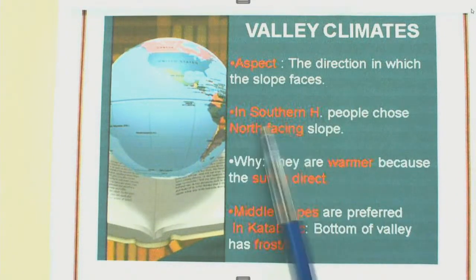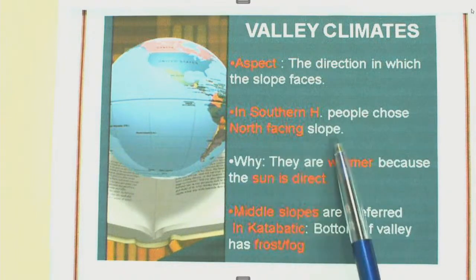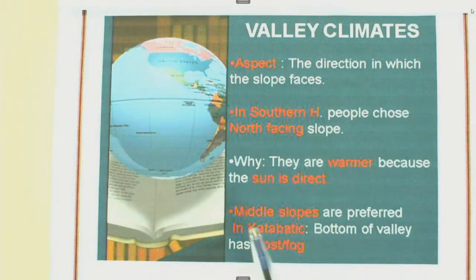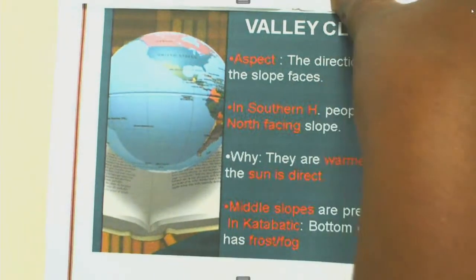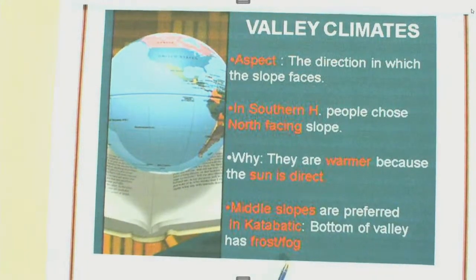In the southern hemisphere, people choose north-facing slopes because they are warmer. Why? They are warmer because the sun is direct or perpendicular. Middle slopes are preferred. In katabatic conditions, the bottom of the valley has frost and fog. In winter it is frost, and in summer it is foggy conditions.